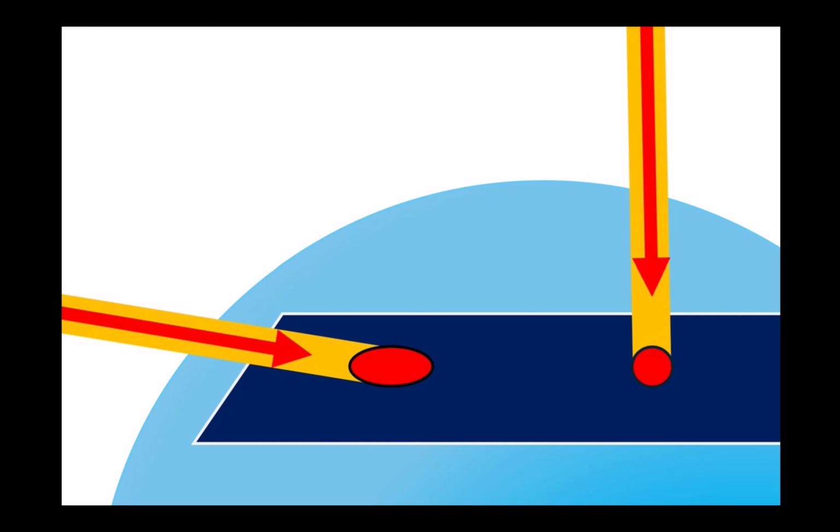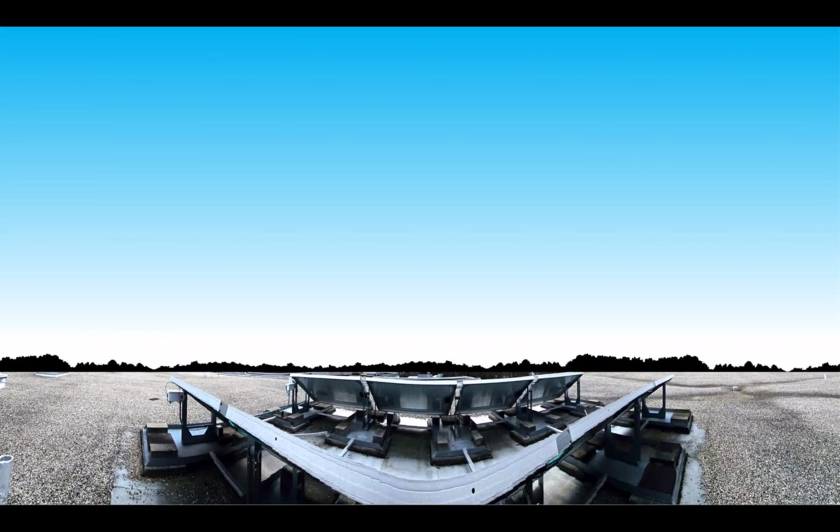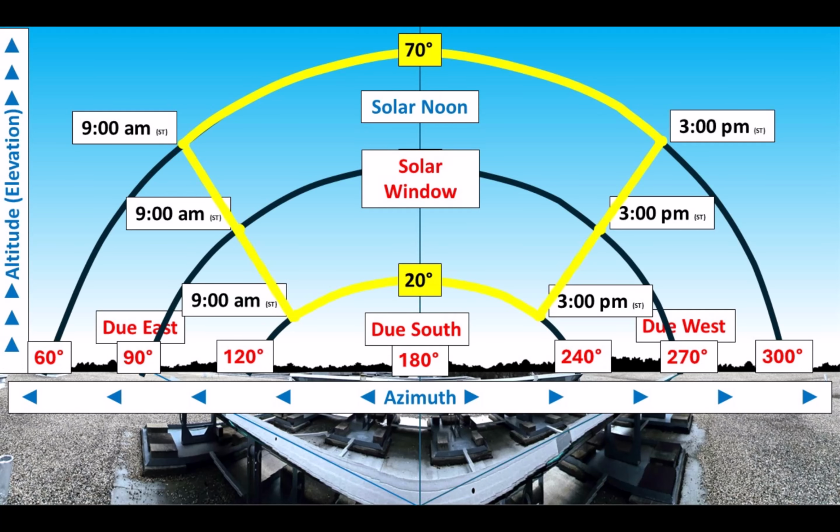This causes sunlight to be spread out over a larger surface area, and that decreases the intensity of solar radiation at any one point. For a fixed solar array, one that does not move with the sun, this combination of factors means it produces its maximum output during the middle of the day, during the solar window.